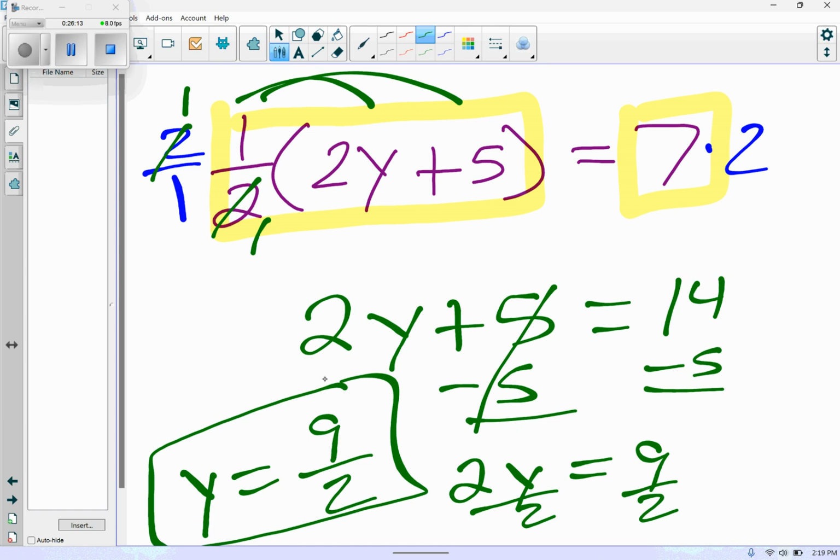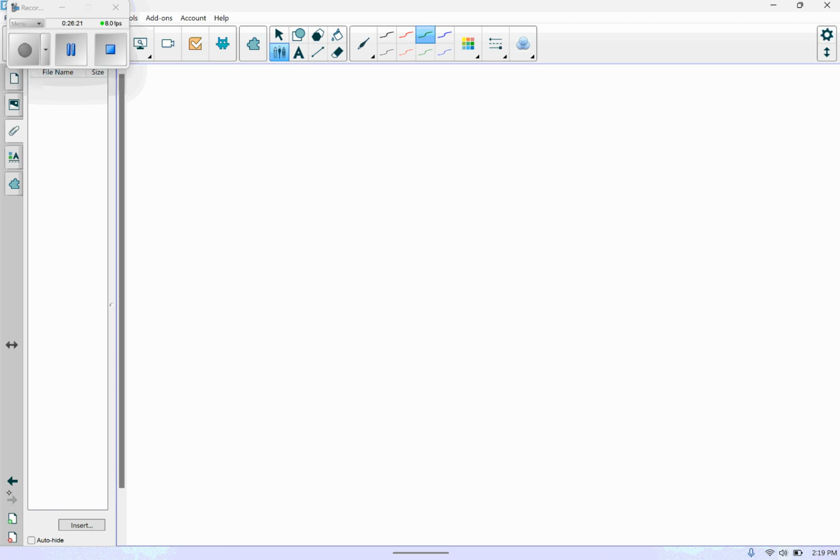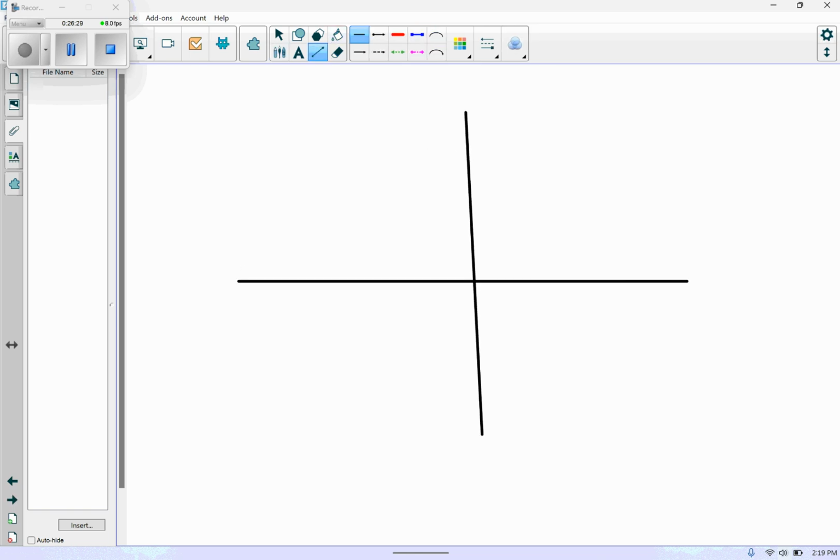Okay. So let me just show it real quick. And I'm pretty sure you should be okay with it. All right. XY axis, agreed? Agreed? Okay.